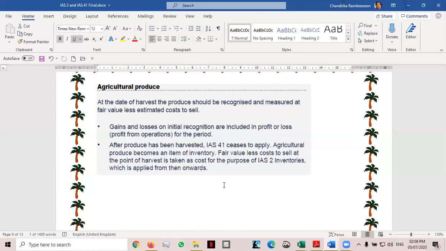Even up until that point, just prior to it being converted to inventory, up to the point of harvest, before it becomes an item of inventory, it will be valued at fair value less cost to sell at that point when it's been harvested. And that value would be used subsequently to value the item according to IAS 2, which is then applied onwards.